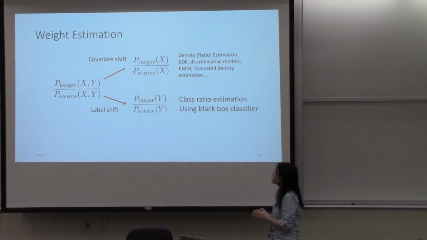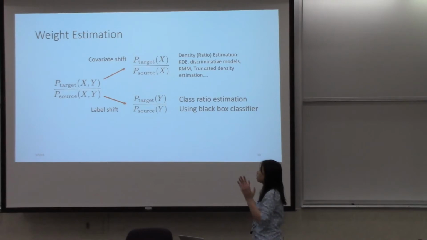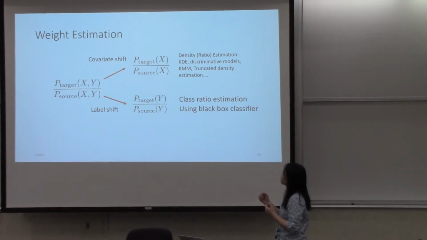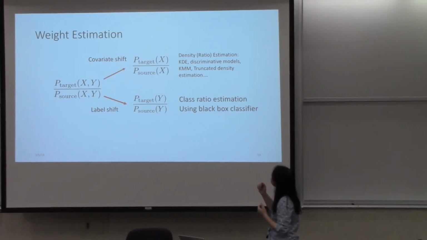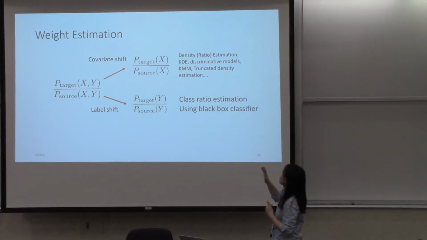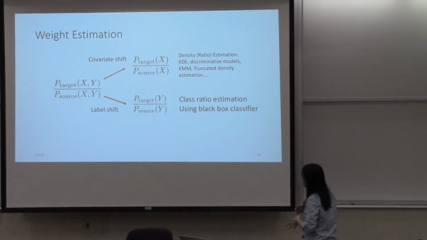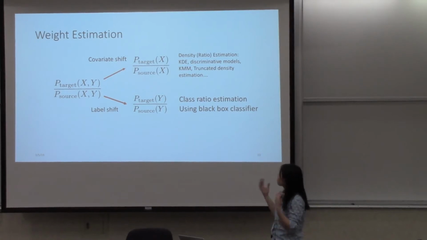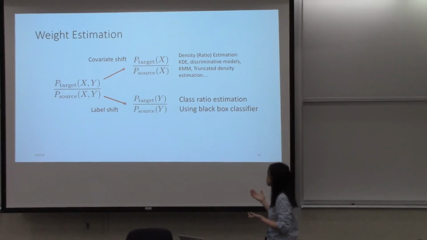In terms of the ways to do weight estimation, there is actually a lot of research. Here I just list some of them. In the covariate shift case, the research is richer. In this case, we can do KDE, we can do discriminative models, we can do KMM, and we can also do some post-processing after you get the density estimation. In the label shift case, we can also call this class ratio estimation.